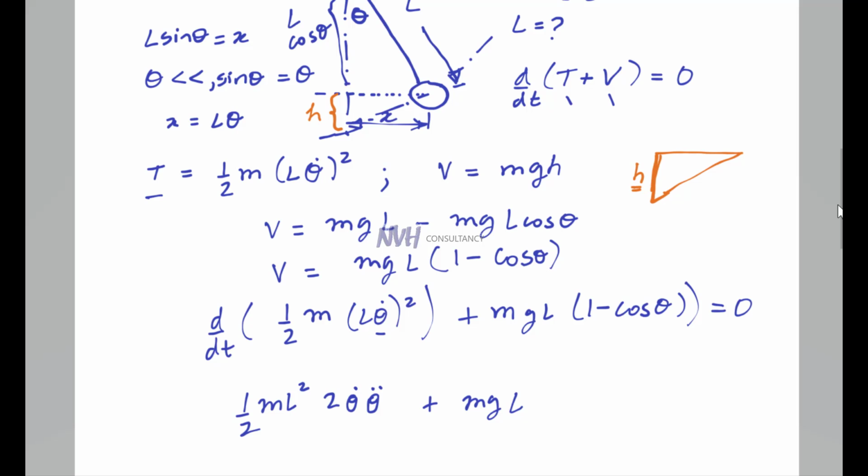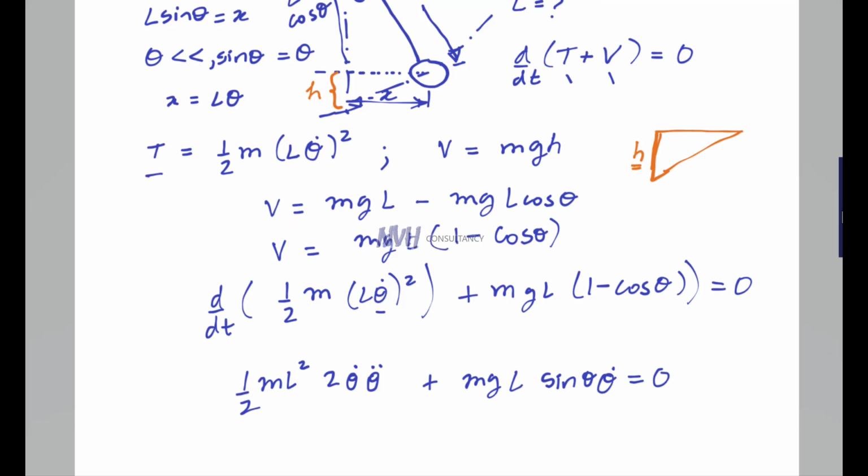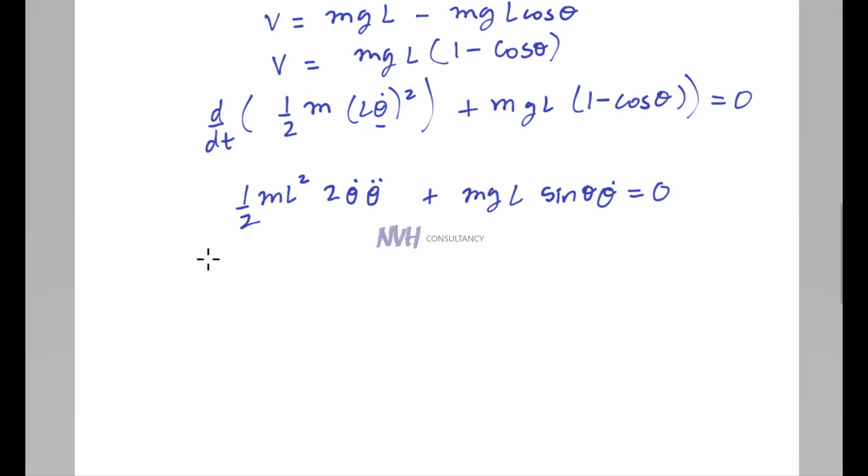Just mgL with respect to time is 0. If you multiply inside the bracket, what you'll have is mgL cosine theta, and the derivative of cosine theta with respect to time t is sine theta times theta dot. This whole thing equals 0.